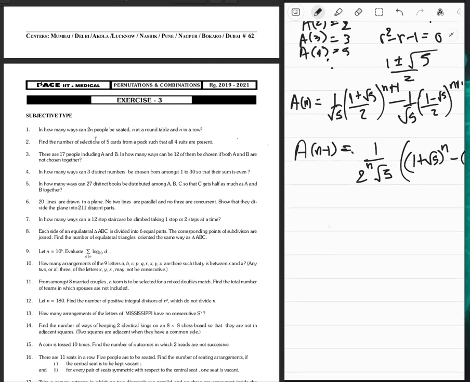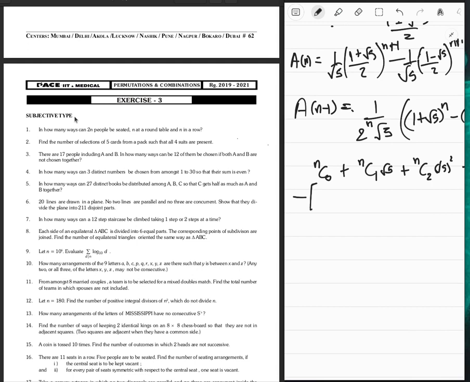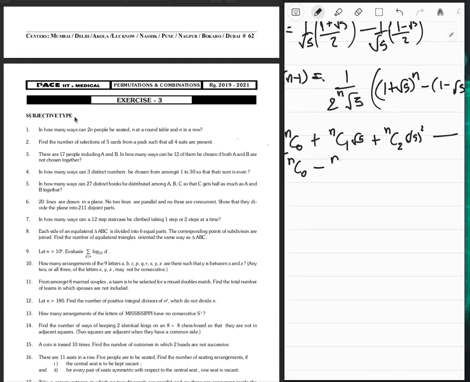So expand this: it's nC0 square root of 5 power 0 plus nC1 square root of 5 power 1 plus nC2 square root of 5 power 2, and so on, and subtract from that nC0 (negative square root of 5) power 0, and then it alternates negative, positive because of that negative over there, plus nC2 square root of 5 power 2, and so on.